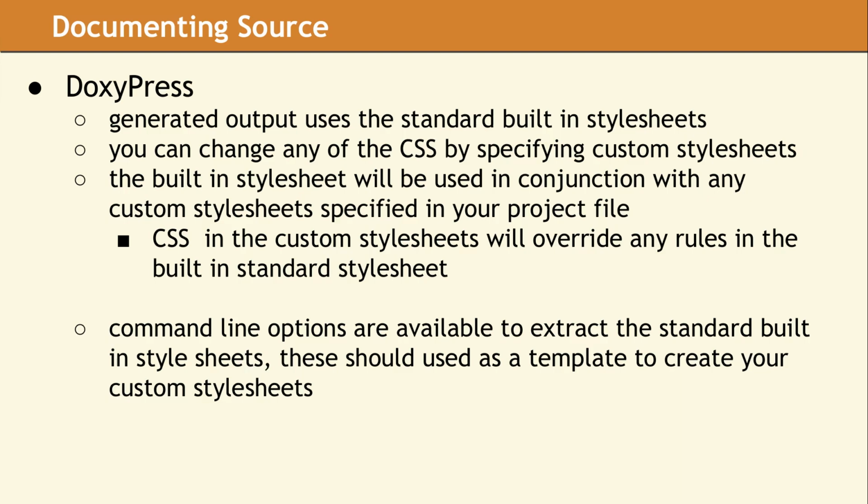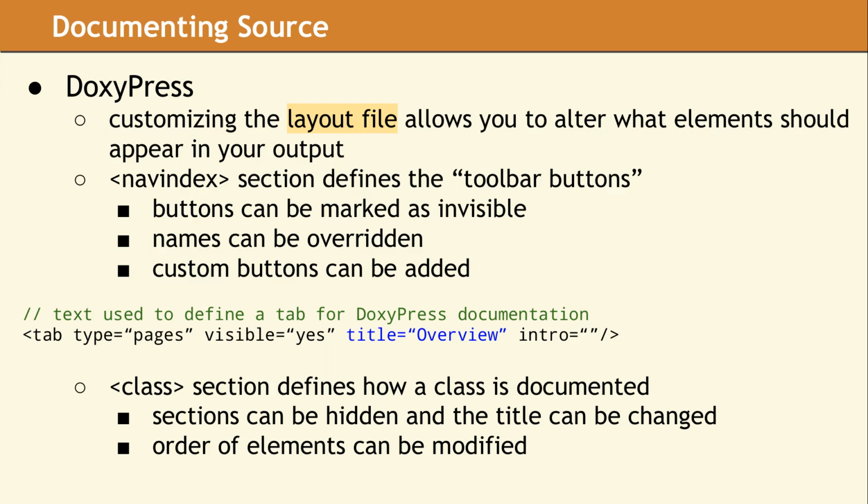There is also a layout file which gives you complete control over which elements should appear in your documentation. For the DoxyPress documentation, we wanted to rename the page section, so we modified the layout file as shown to change the button to say Overview. The other sections give you the ability to hide any particular element of the output, change the name, or reorder anything.